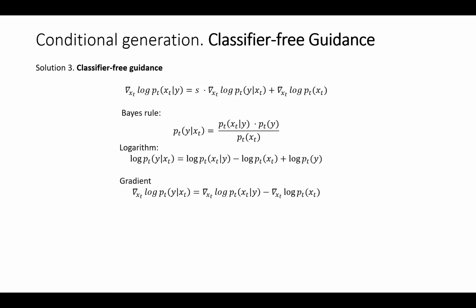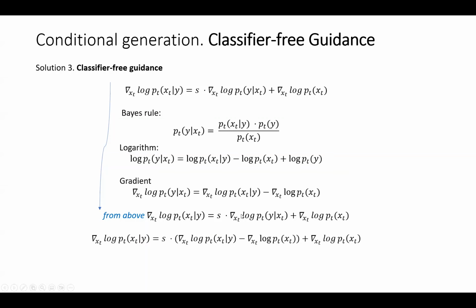Okay, so now what we're going to do is take this, and here for the y given xt, we are going to put this expression to simplify. So this is our top one here, and we are going to substitute this expression here, and it will become like this. So instead of this, we'll put the gradient of log pt xt given y in this one, and then this will remain as it is.